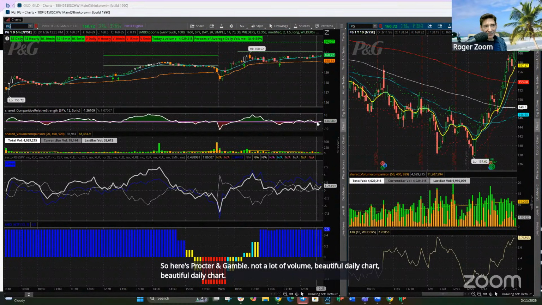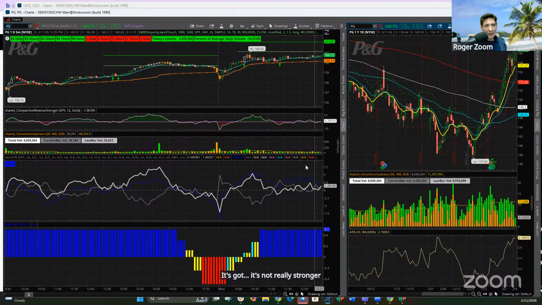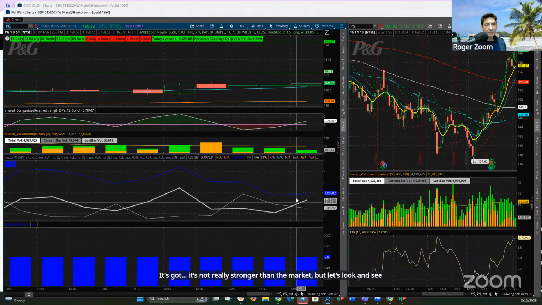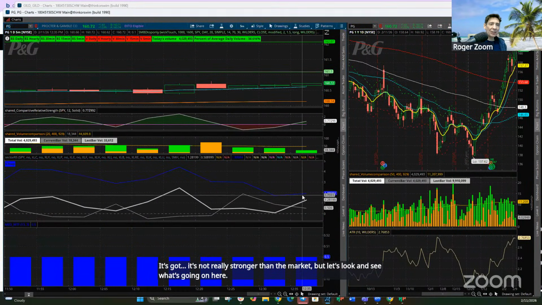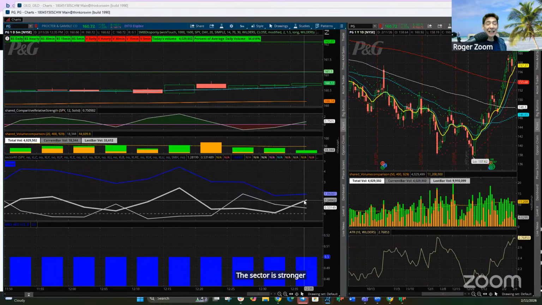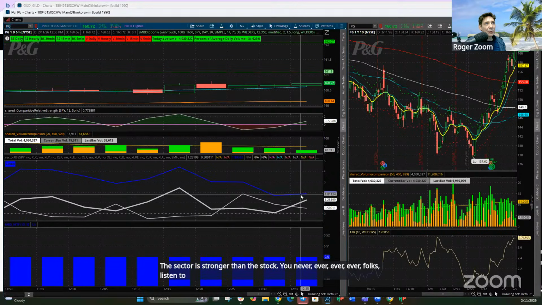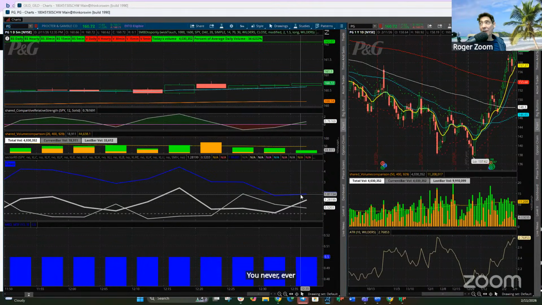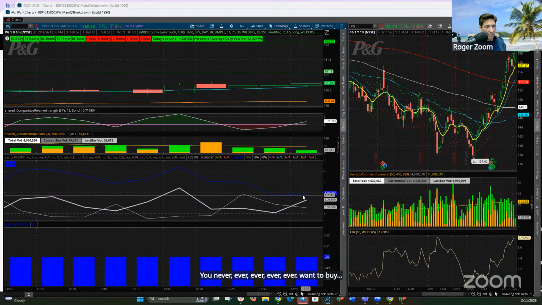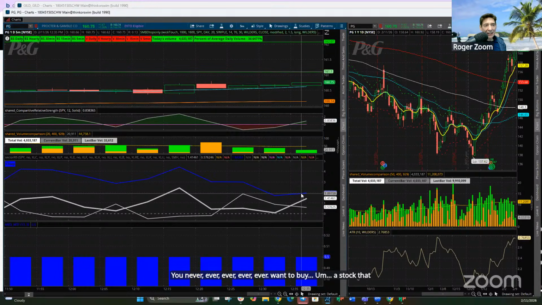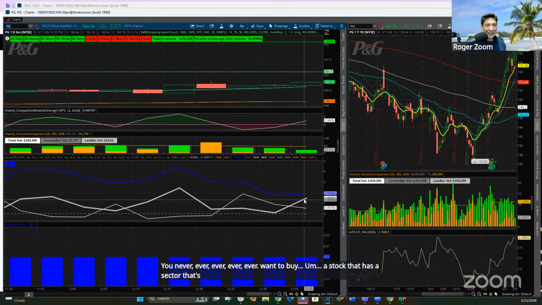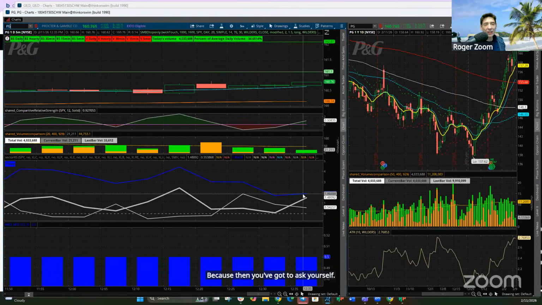It's not really stronger than the market, but let's see what's going on here. The sector is stronger than the stock. Folks, listen to me. You never, ever, ever want to buy a stock that has a sector that's stronger than the stock itself, because then you have to ask yourself, why don't I just find the strongest stock in the sector?